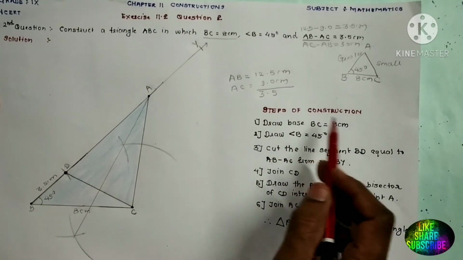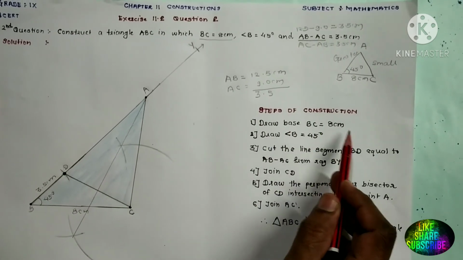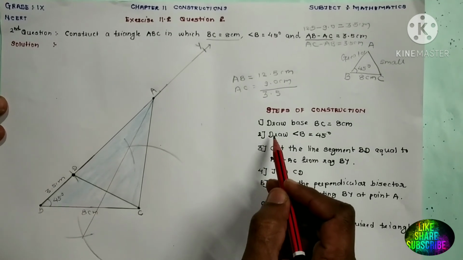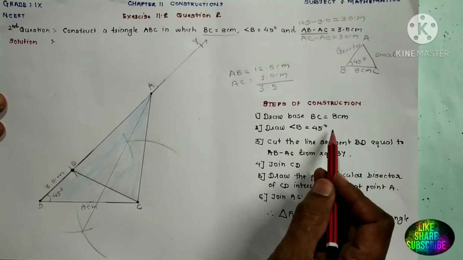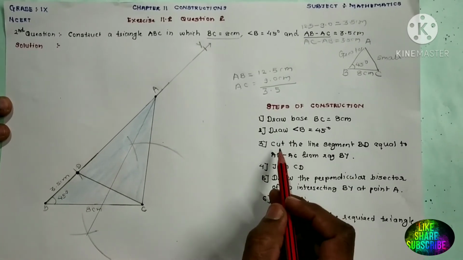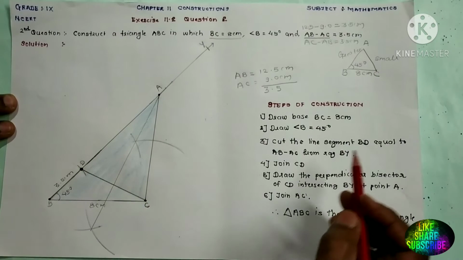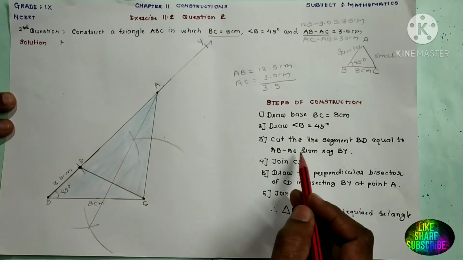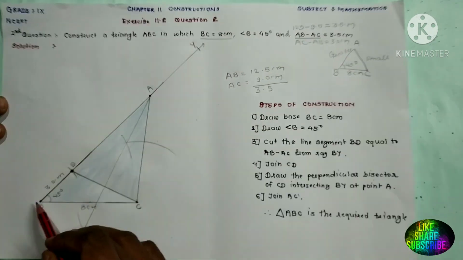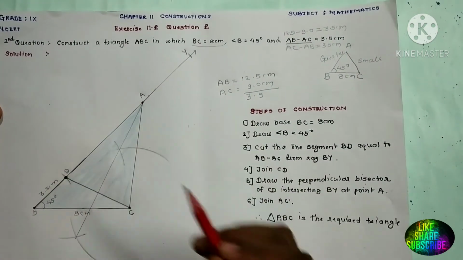Steps for this construction: first step is draw base BC equal to 8 centimeter. Then second step is draw angle B equal to 45 degrees. Third step, cut the line segment BD equal to AB minus AC. So this distance 3.5 centimeter you have to cut like this, BD from ray BY.